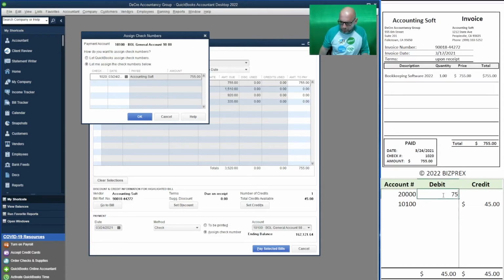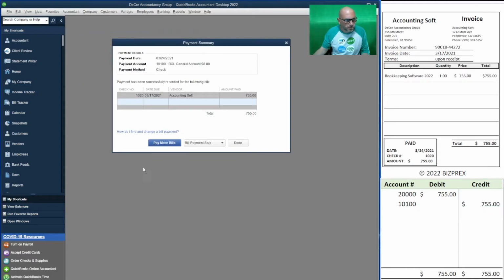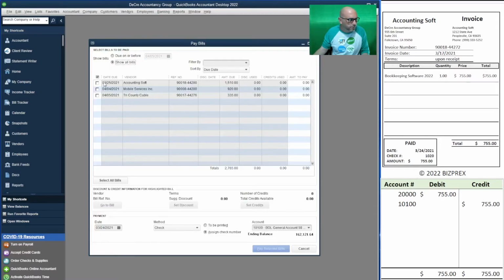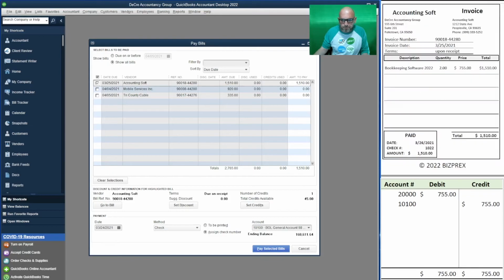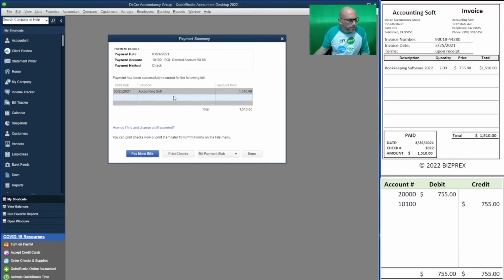We could print the check right here. I'll show you in a second. Doesn't make a difference. Okay, so there it is. Pay more bills. Let's do this one as a print. Makes no difference. Here it is. Printed. Bills.